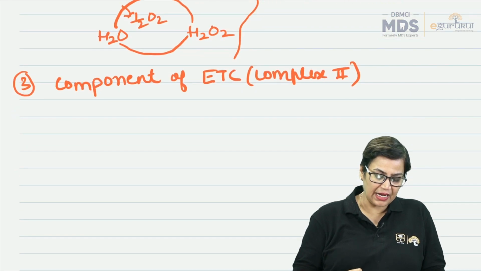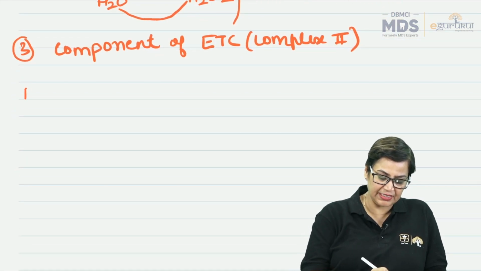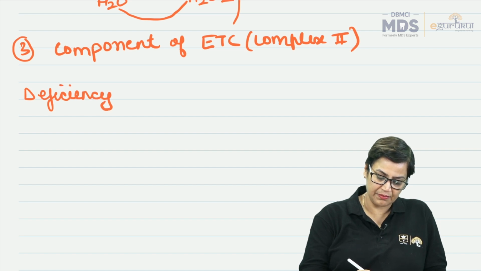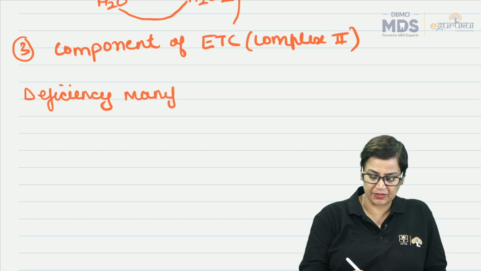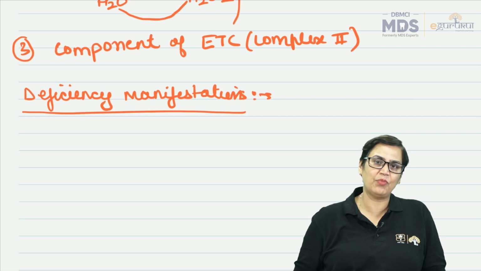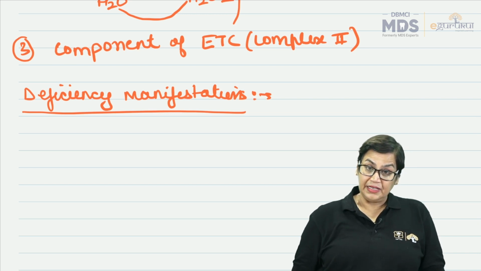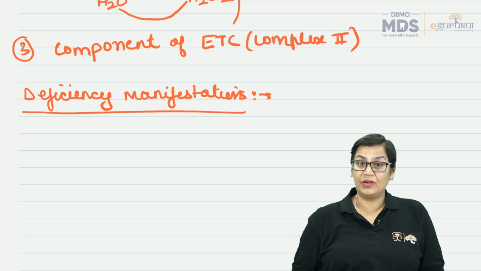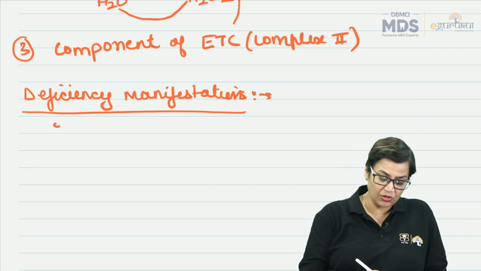Okay? Then coming over to the deficiency manifestations. There are 5 very important deficiency manifestations of riboflavin. First of all, there are 2 C's.